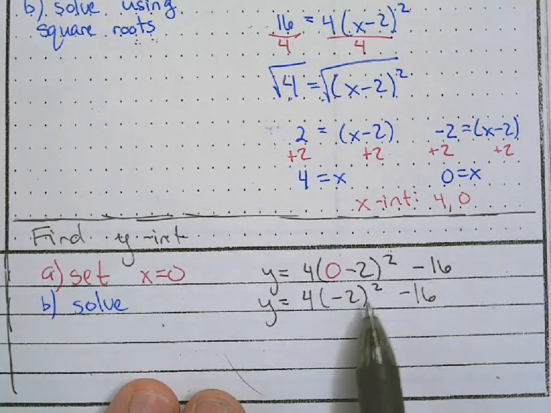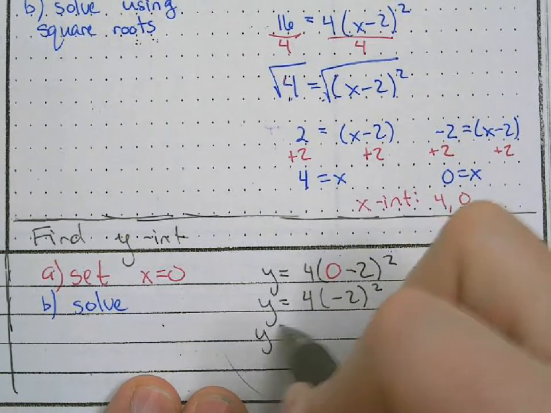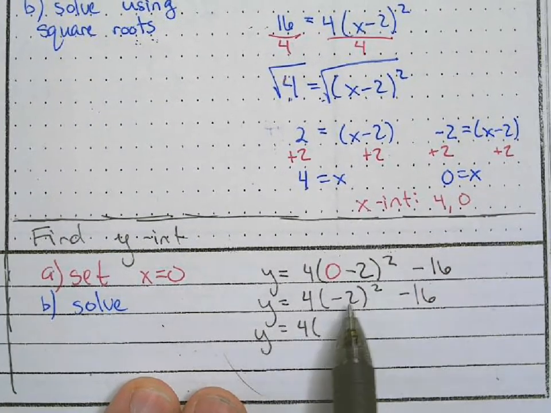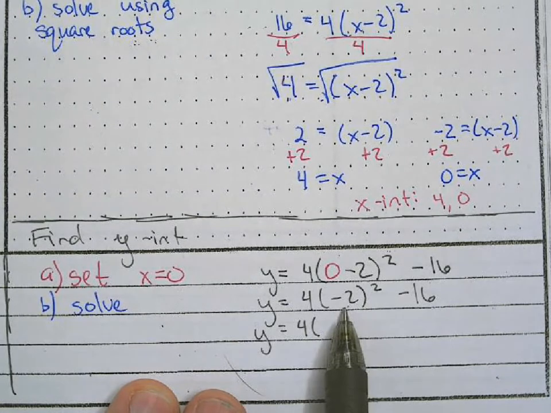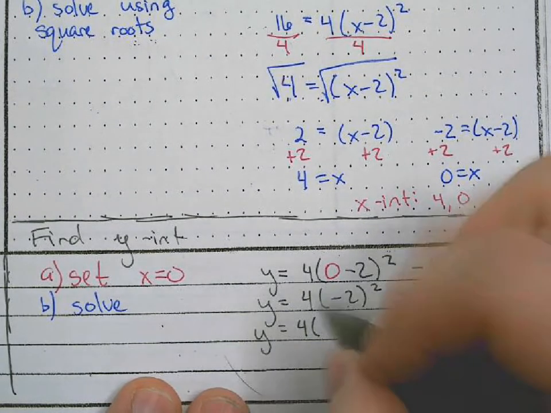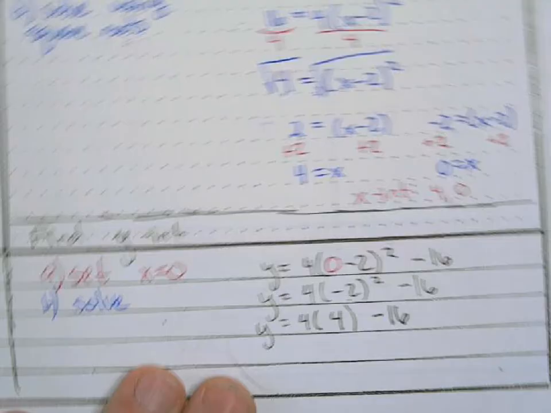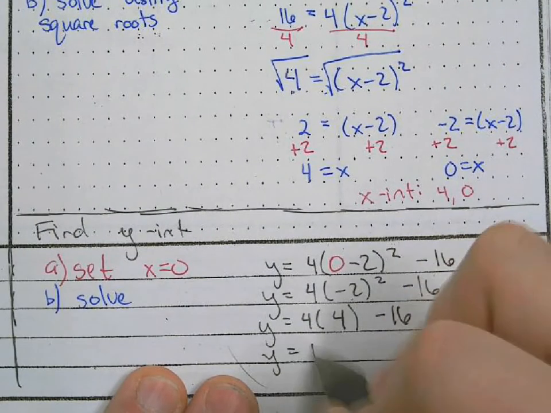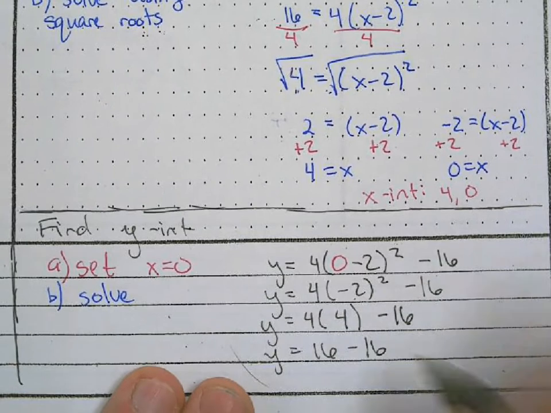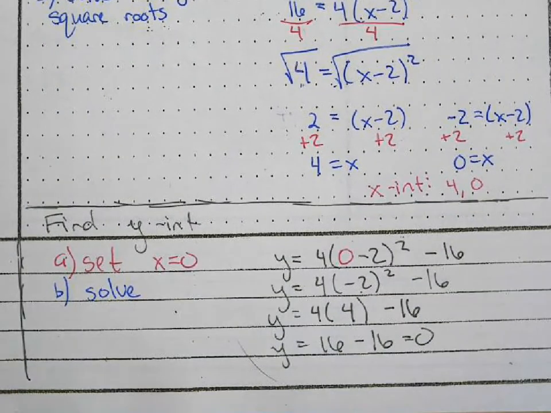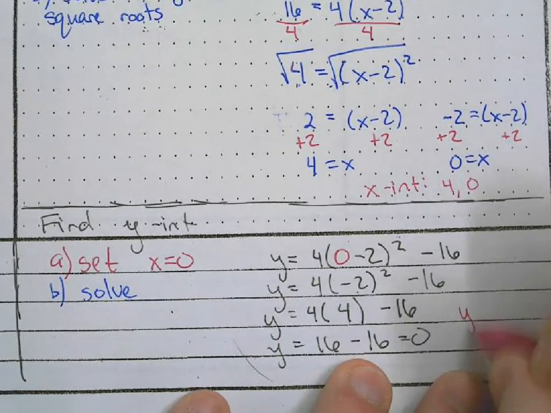Using our order of operations, we'll do our exponent first. So y equals 4 times negative 2 times negative 2, which is a positive 4, minus 16. And then we'll do y equals 16 minus 16, which equals 0. So we found that our y-intercept is 0.